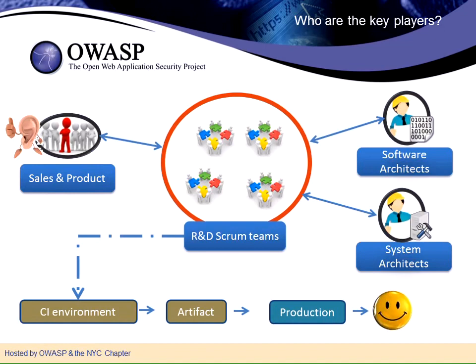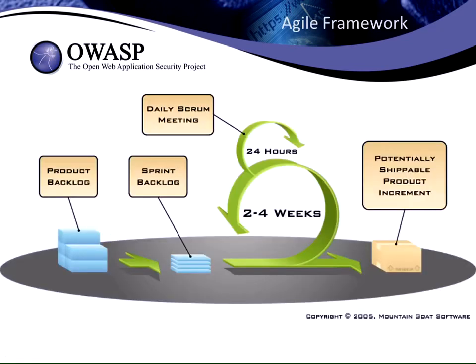So after we cover a bit about the flows, let's see how Scrum acts. This is nothing new. This is a standard slide of Agile. You have the product backlog that we spoke about.